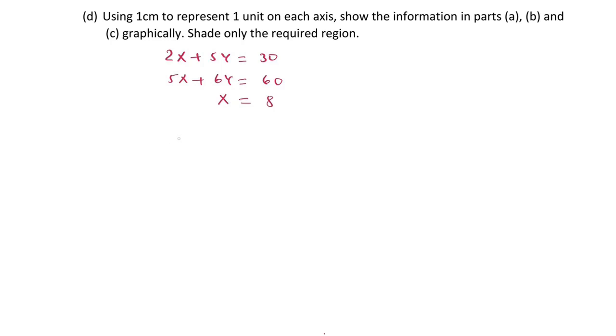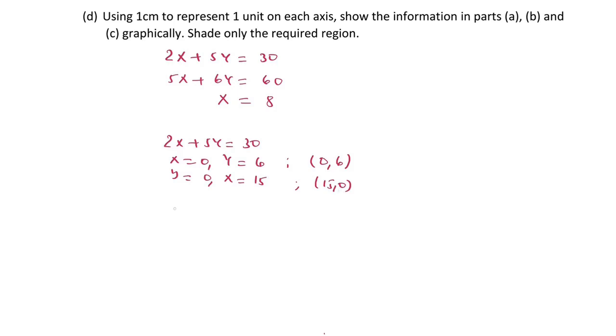Okay, so now to draw the graph, let us find the sample points from the lines which we have been given. So we are starting with this one, 2x plus 5y equals to 30. So when x equals to 0, y is going to be 6, and the point is going to be 0, 6. And when y equals to 0, x is going to be 15, and our point is 15, 0.